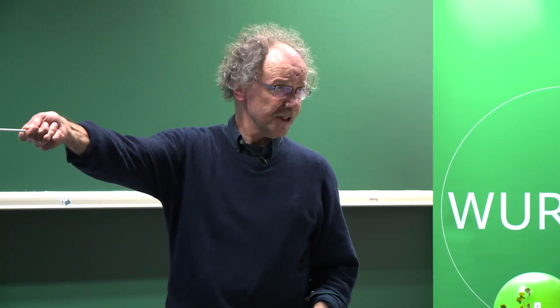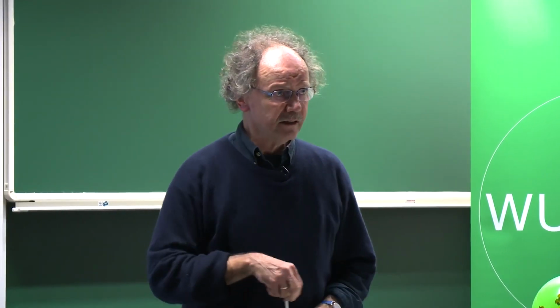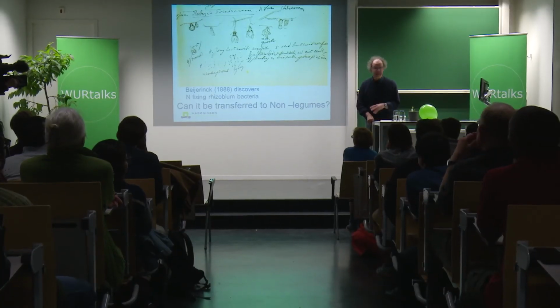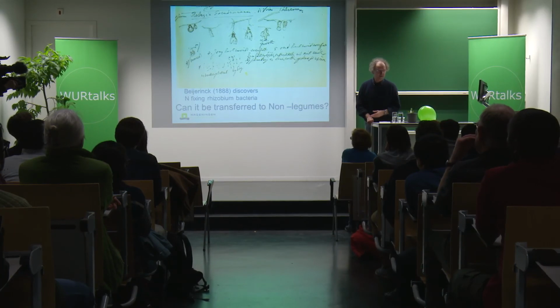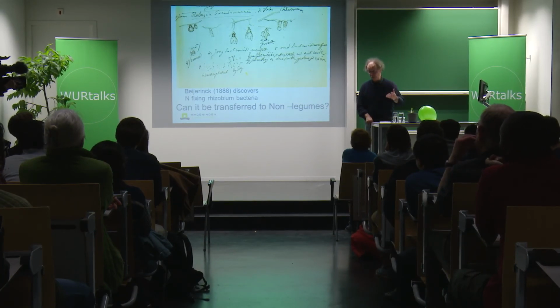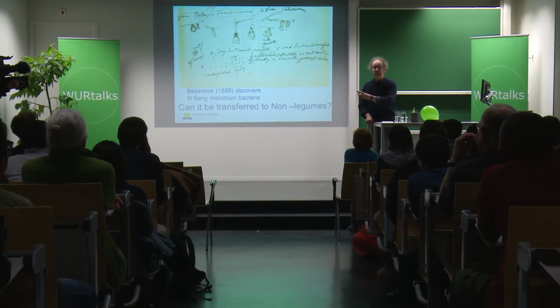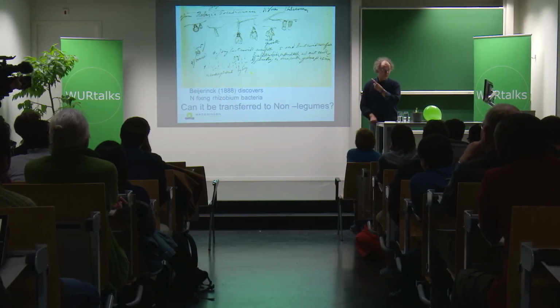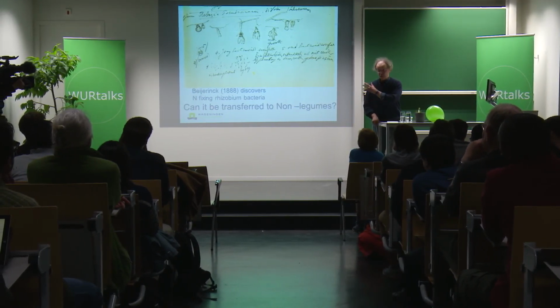it must be possible. The tree that you see over there, that's a non-legume. It's a tropical tree. It's a pioneer. It's named Parasponia. It grows on hills of volcanoes when everything is gone, and it establishes a Rhizobium nodulation interaction.